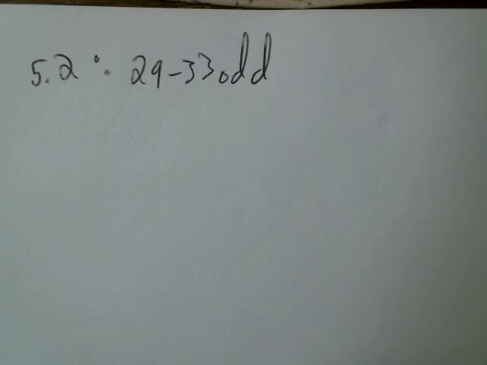But anyways, 5.2, and I got to toggle over in my ebook, so just bear with me. 5.2, we're talking about the area underneath the curve. The area problem actually came before the derivative problem. It goes back to the Greeks, I think.